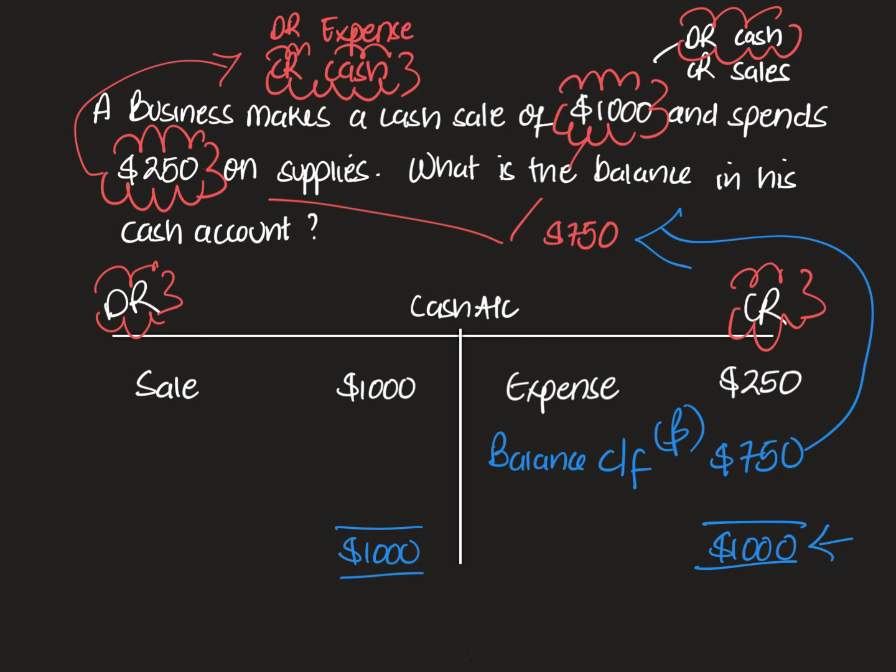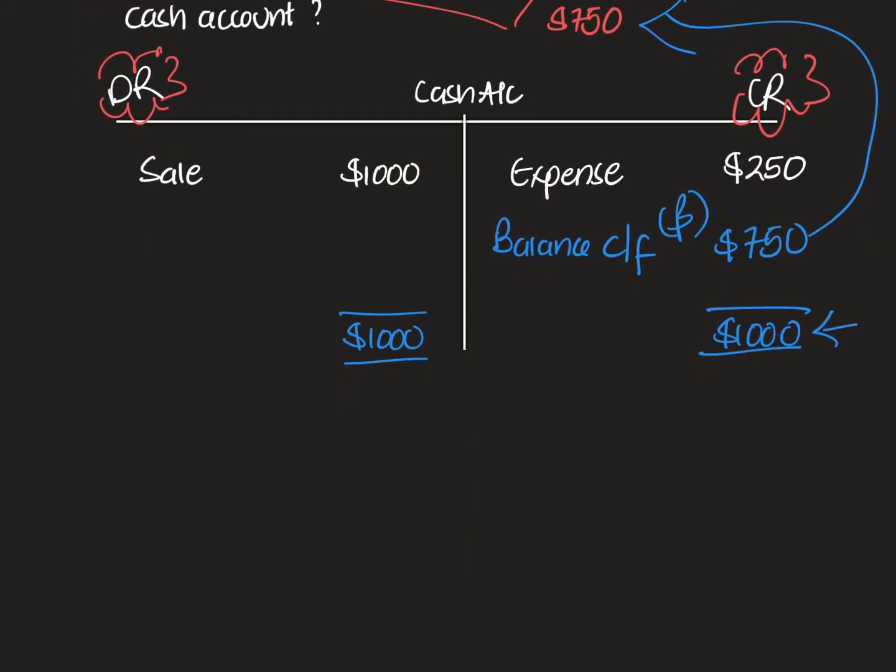Now, because the concept of double entry still holds, you can't just put a balance on the credit side without putting something on the debit. So the way the balancing process always works is that whenever you have your balance carried forward, the opposite side of that ledger, which here happens to be the debit, is where the balance brought forward or brought down will exist.